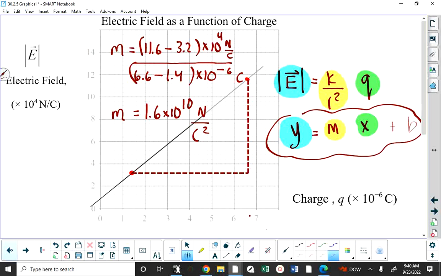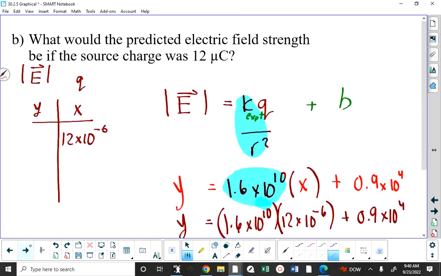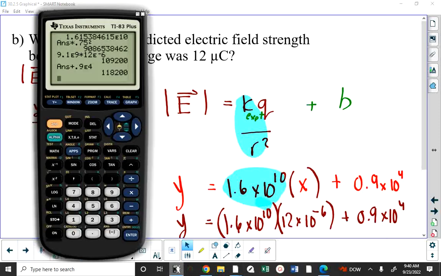So you have to follow the y equals mx plus b formula when we do the substitution. You put y equals, the slope is 1.6 times 10 to the 10, X is the 12 times 10 to the negative 6, and then your y-intercept is what we recorded. So what do we get? 1.6 times 10 to the 10 times the 12 times 10 to the negative 6. So this is what you would get if you did not include the y-intercept.